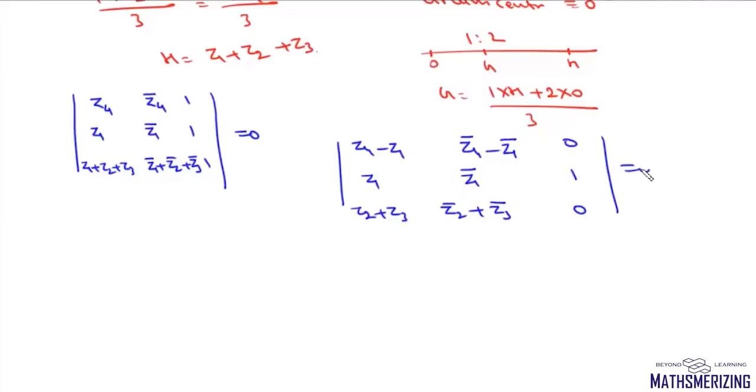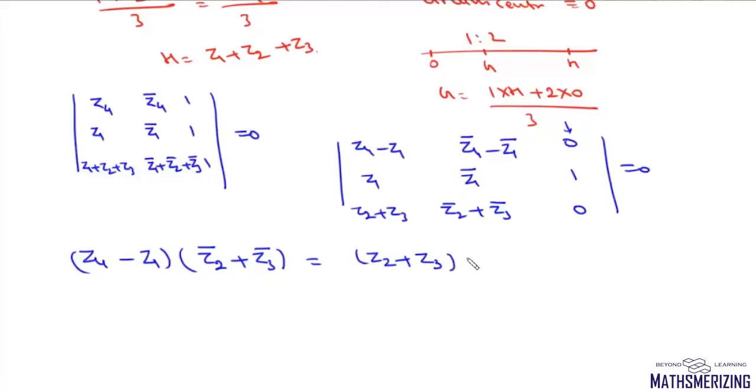It must be 0. Now we'll expand it about the third column. We can write this as Z4 minus Z1 into Z2 bar plus Z3 bar, and it must be equal to Z2 plus Z3 into Z4 bar minus Z1 bar.